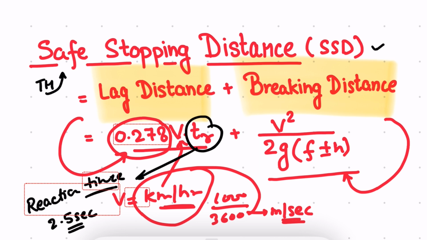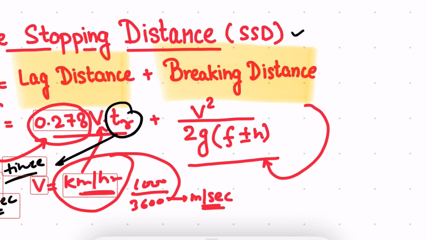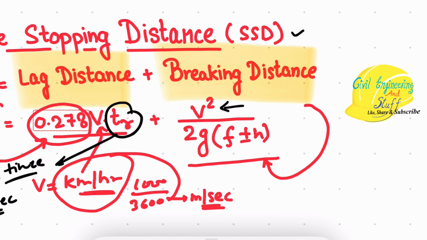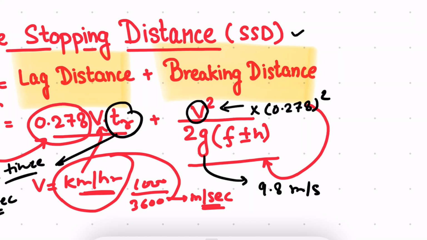Then the next parameter, that is the braking distance. Again, V is in kilometer per hour, so in order to convert this V into meter per second, we have to multiply it by 0.278 whole square, right? G is your acceleration due to gravity, that is 9.8 meter per second square, and f is your longitudinal coefficient of friction, and the value is taken as 0.35.